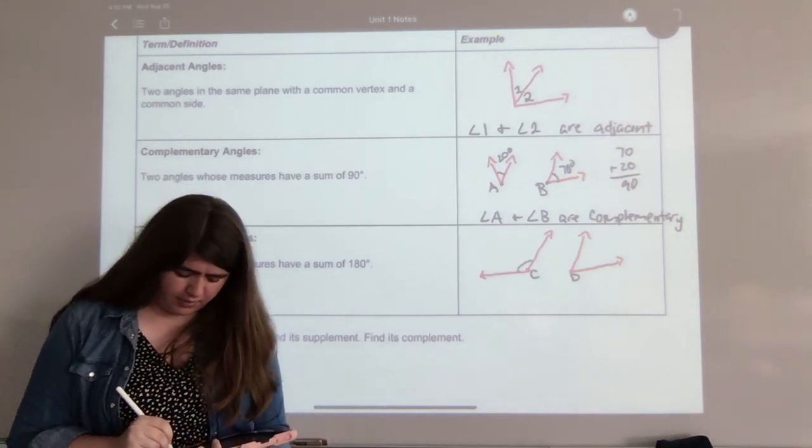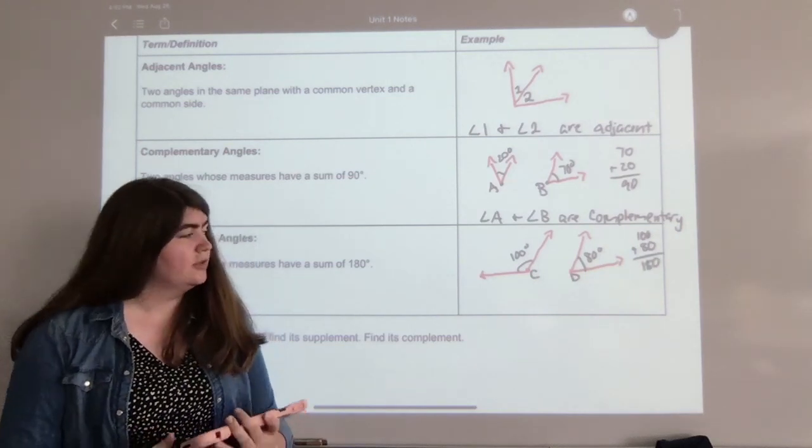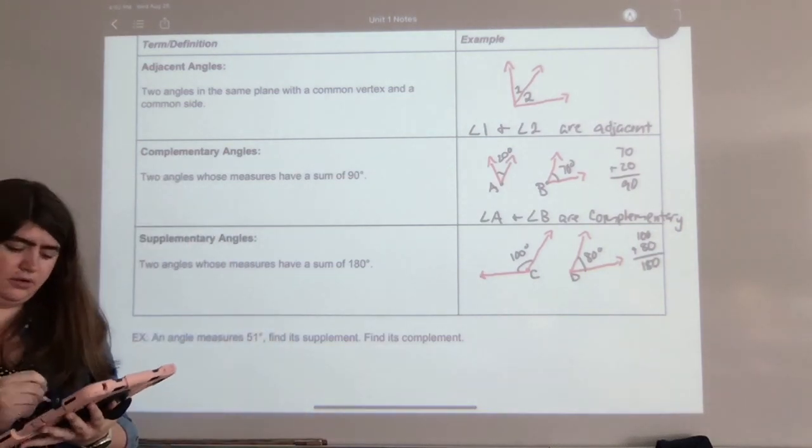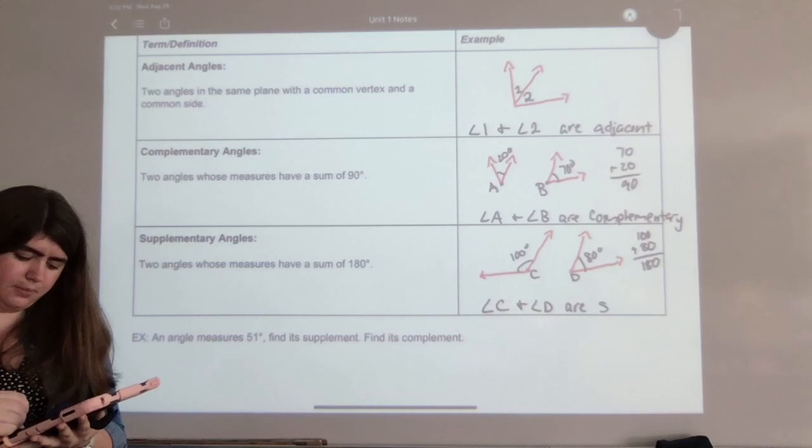So if this is 100 degrees, and this would be 80 degrees, 100 plus 80 is equal to 180. So then I can say that angle C and angle D are supplementary.